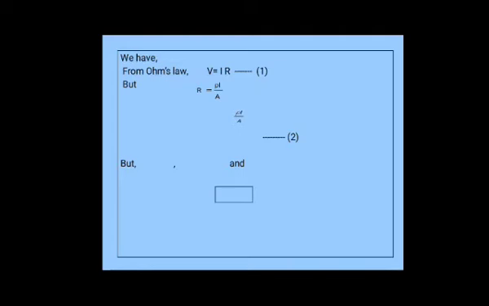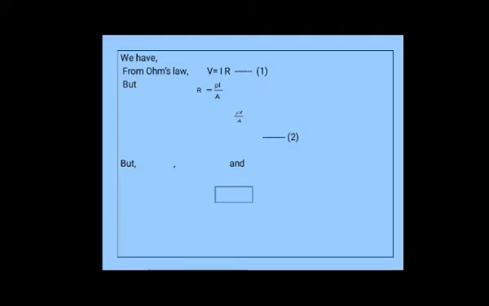Resistance. Rho is resistivity. L is length. A is area. Means we know the relation for resistance of the wire with length and area, that is R proportional to L by A. So that only we have written it as R is equal to rho L divided by A.